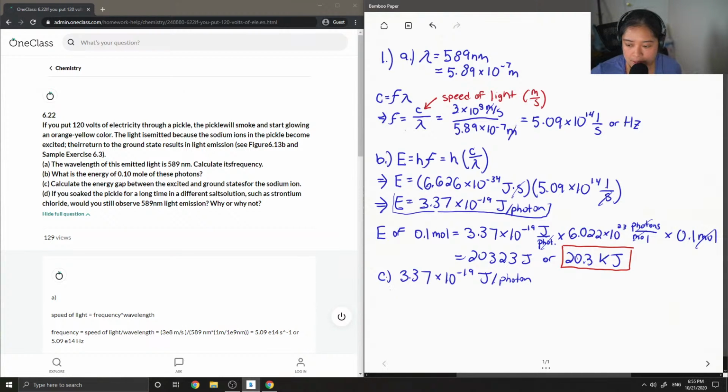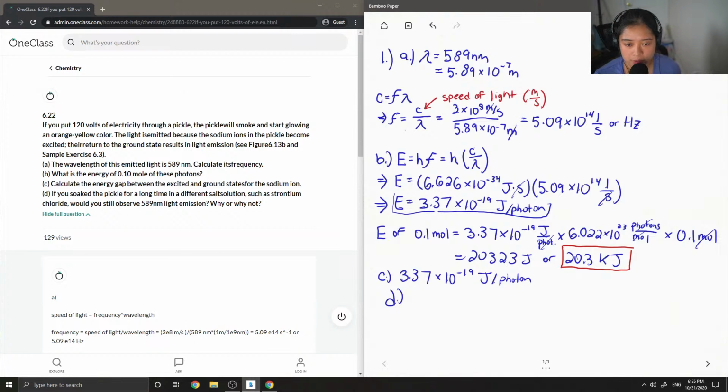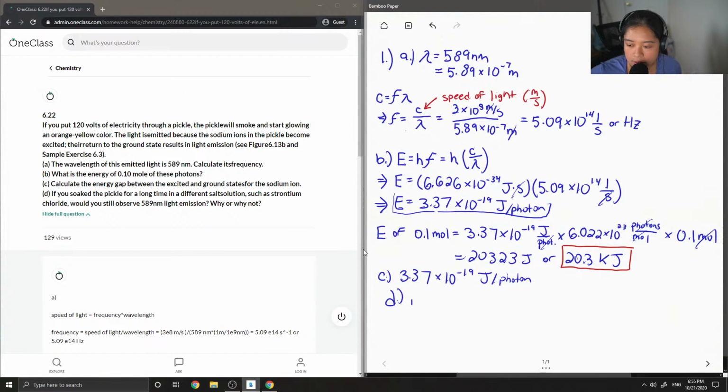And then part D asks, if you soak the pickle for a long time in a different salt solution, such as strontium chloride, would you still observe 589 nanometers light emission? Why or why not? So the answer for this is no, you would not.